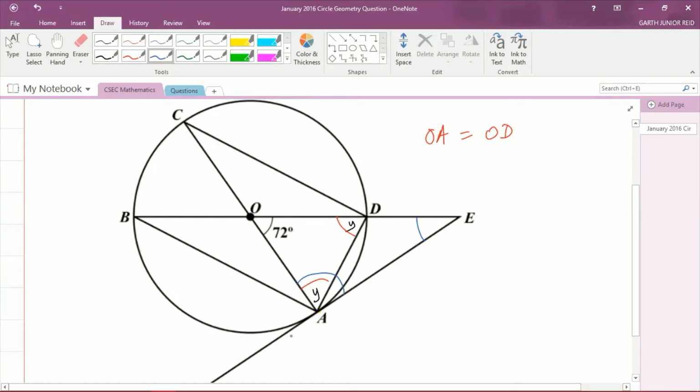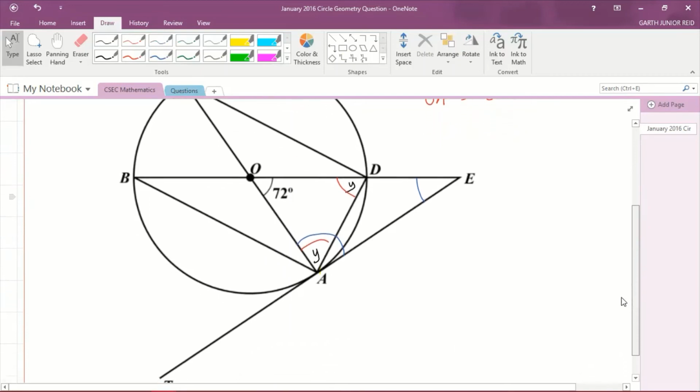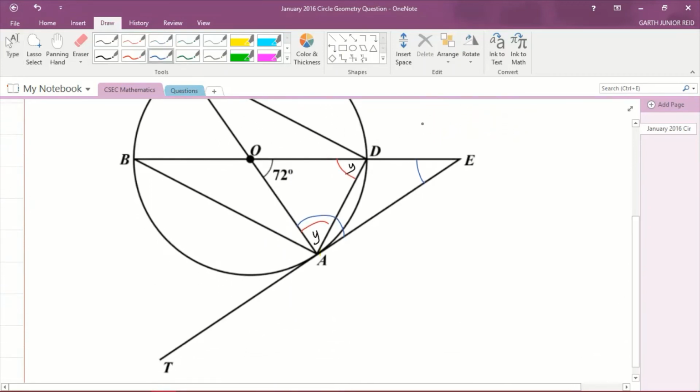Because you should know that the radius, which is OA, is perpendicular to the tangent, which is TAE here. That line on the outside is perpendicular to the radius. The radius here is OA. You should know that as well.